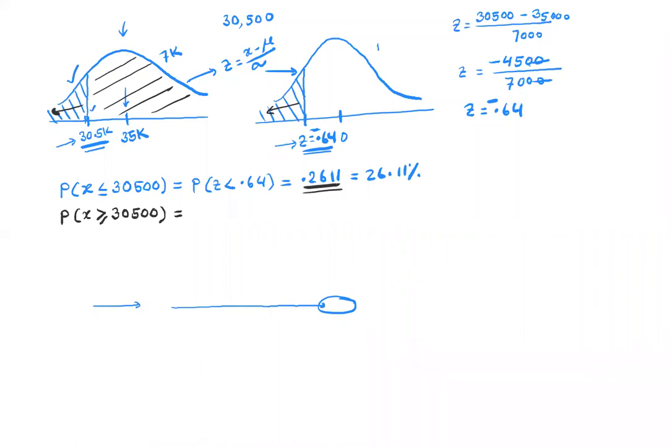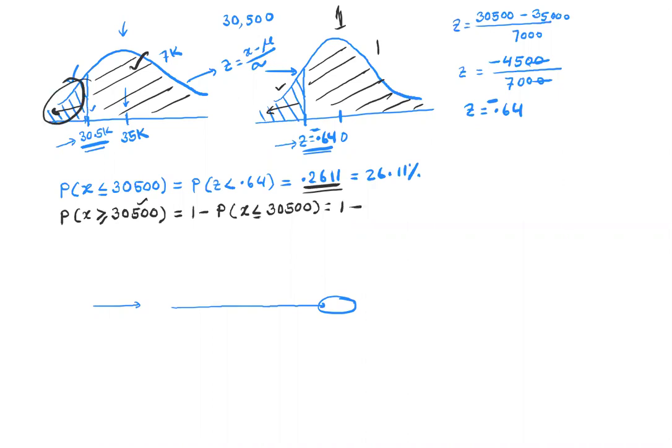To find the area to the right, which is required for this one, it's very easy: it's going to be 1, the total area, minus the area to the left. So it's going to be 1 minus the probability of x less than or equal to 30,500, which is saying this area is 1 minus this area.